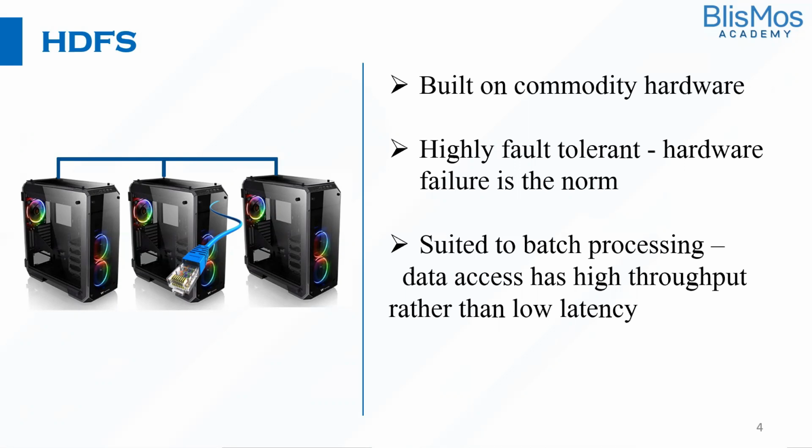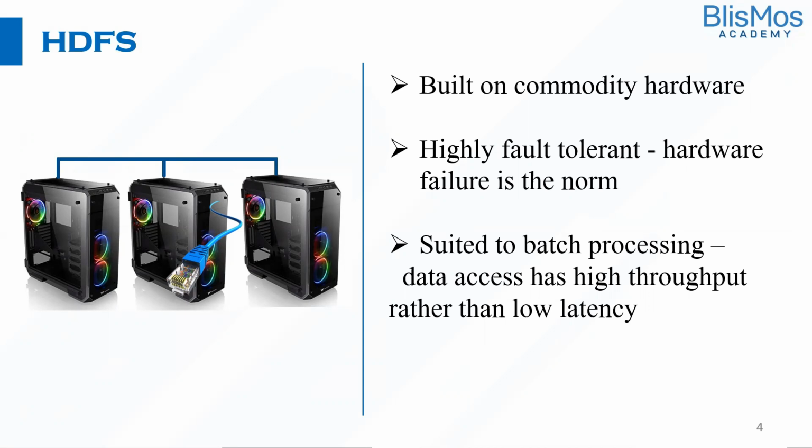Coming back to HDFS, this is suited for batch processing. Here, data access has high throughput rather than low latency. It means this component is capable of storing and processing a large amount of data rather than worrying about latency. We are okay with latency here because we are trying to store a large amount of data.